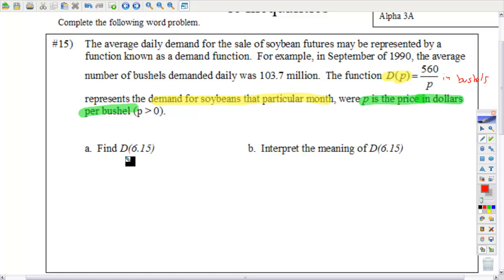A, find the demand when the price is $6.15. It's so simple. Using a calculator, 560 divided by 6.15 is about 91.06.